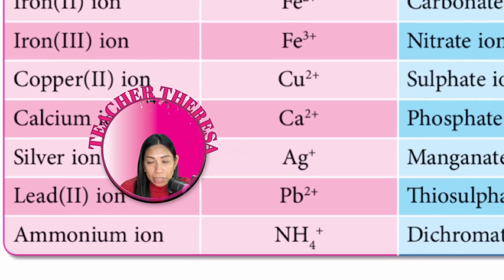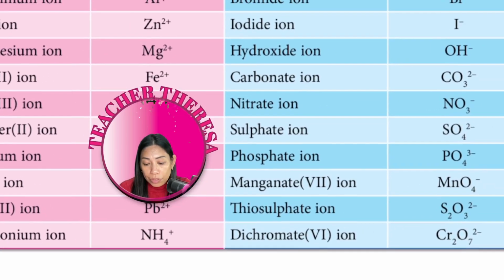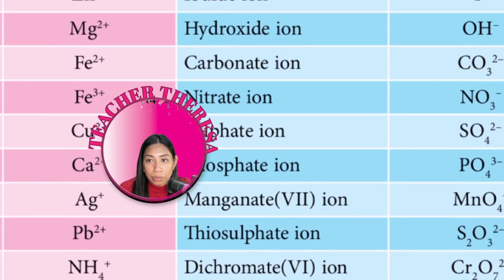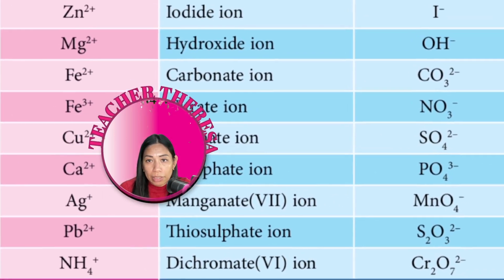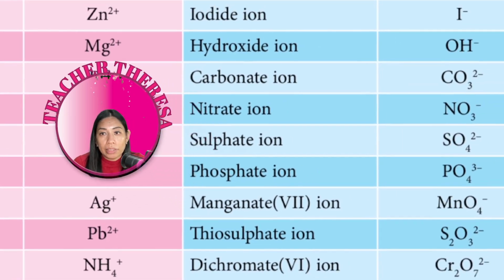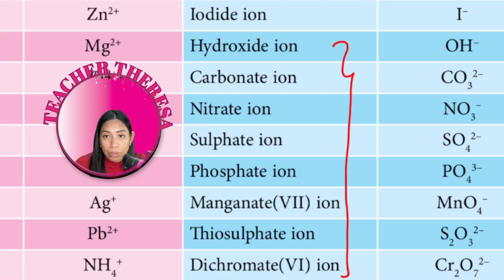So ammonium NH4 plus is polyatomic. For the negative ones, we have a few. Hydroxide ion. Why is hydroxide ion polyatomic? Because hydroxide ion is formed by two different elements, oxygen and hydrogen. So hydroxide ion, carbonate ion, all these ions are actually polyatomic.